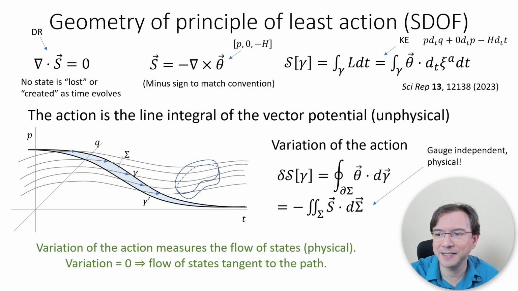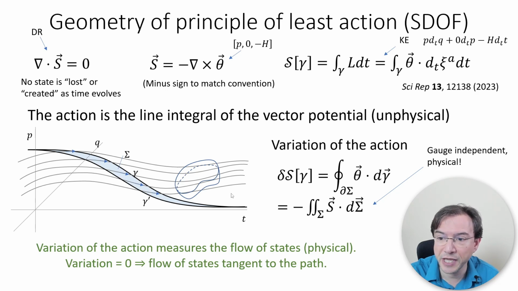And since it's the integral of a vector potential, it's unphysical. The value of the action is actually not a physical thing that we can go and measure because it depends on the arbitrary gauge that we chose for the vector potential. But the variation of the action, that's actually physical, because when we are doing a variation of the action, we are actually calculating the line integral of the vector potential over the closed curve made by the path and its variation.